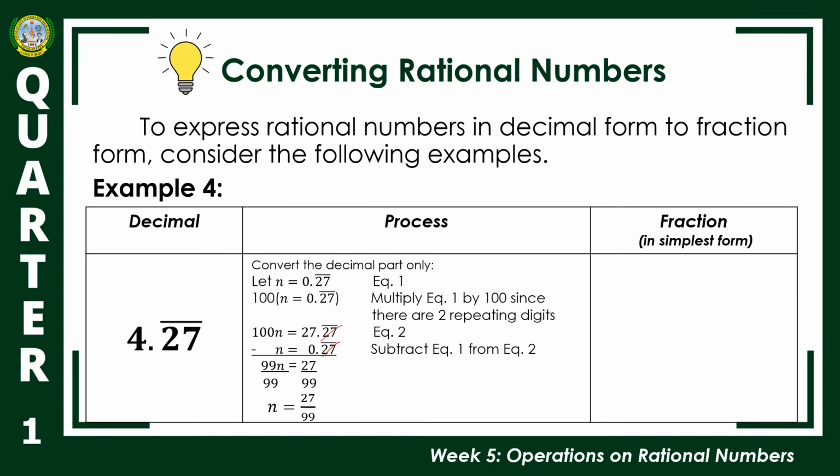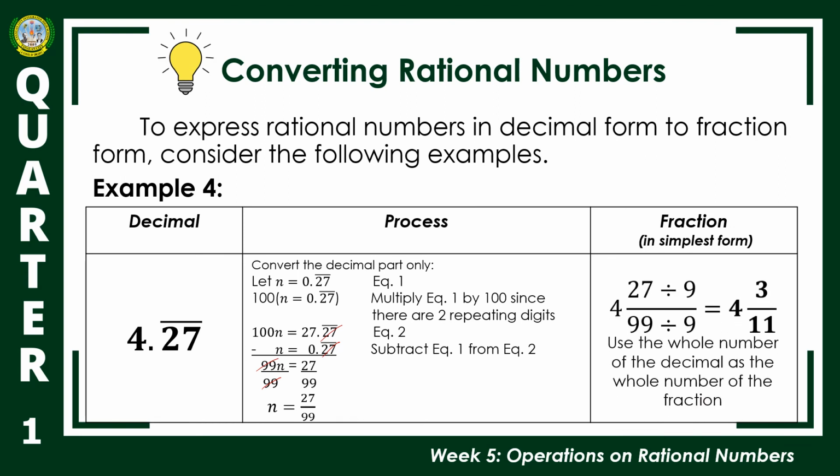And again, for us to remove this 99, so para mawala na siya sa tabi ng n, we are going to divide both sides by 99. So, 99 divided by 99 is 1, or simply n. Okay? And then 27 over 99. Hindi na kailangan i-divide ulit. Okay? So, i-attach na natin siya dun sa whole number. Magiging 4 and 27 over 99.